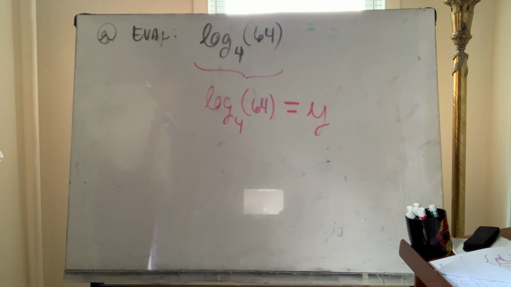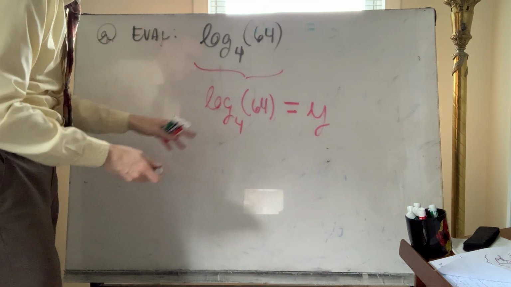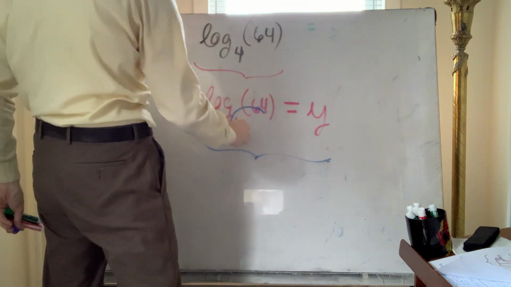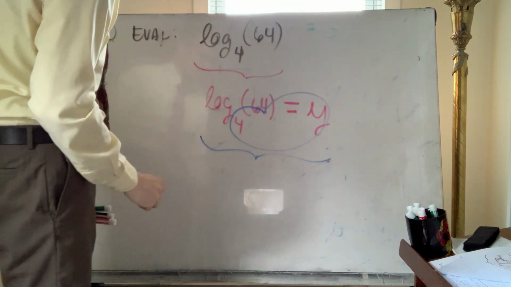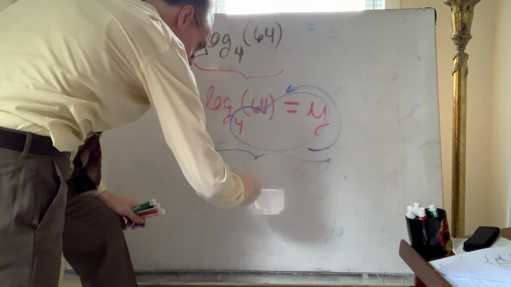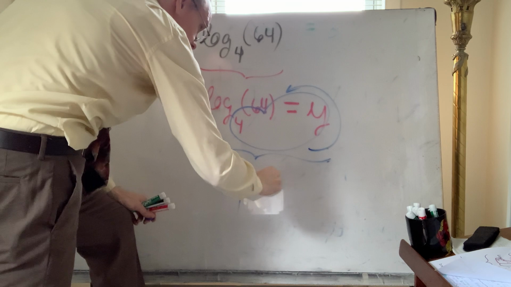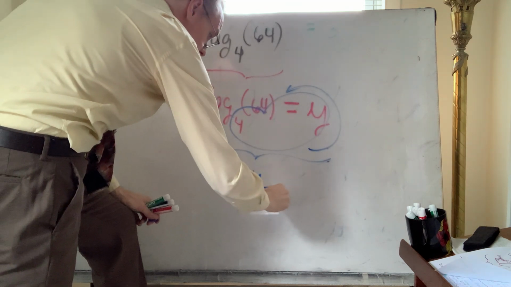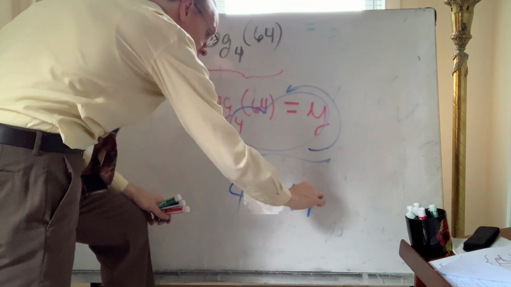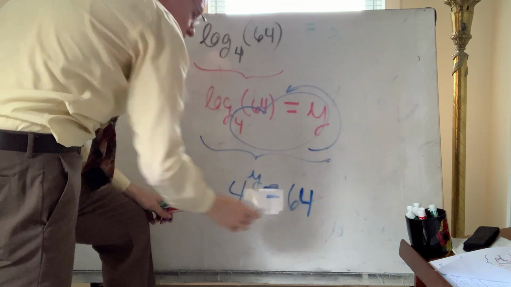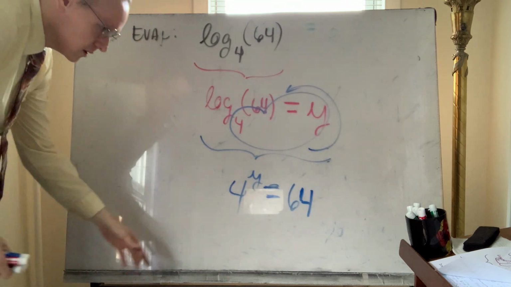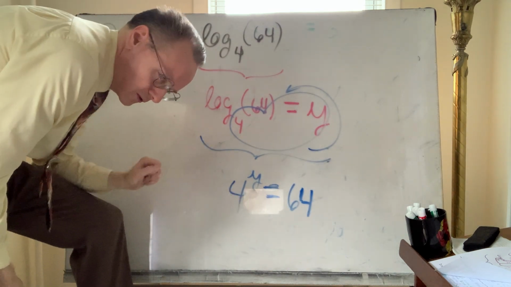Okay? Then what you would do is convert this now to exponential form, which is, again, draw the jelly bean if you like that weirdo style of doing it like me. Reading it counterclockwise, the 4 you read first, the Y you read second, the argument becomes what it is equal to, so 64. All right. Now, you'll probably be given problems that you could easily figure out, all right? These numbers are going to work well together. Right?